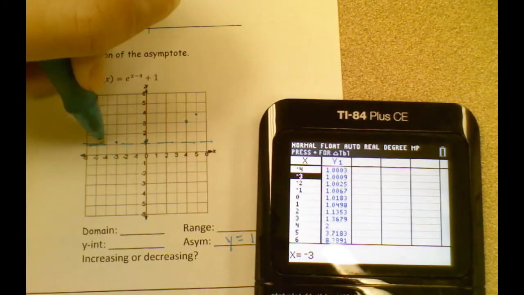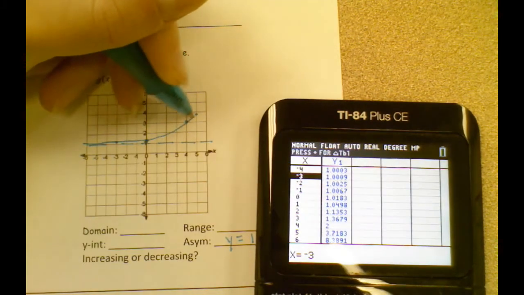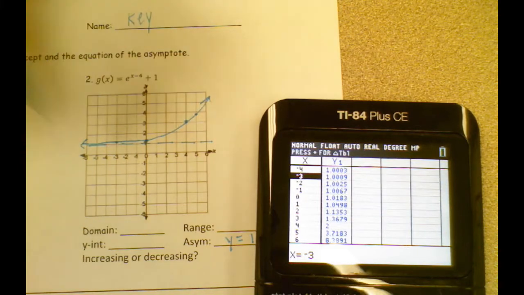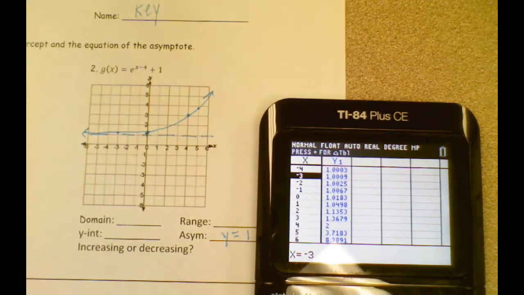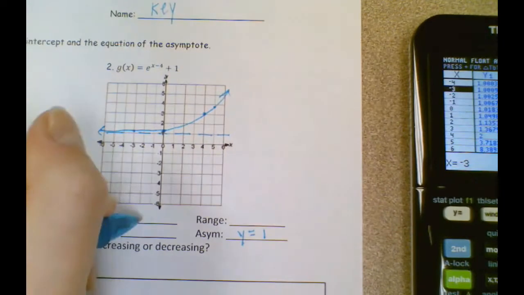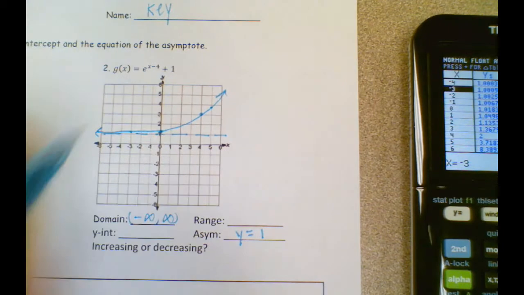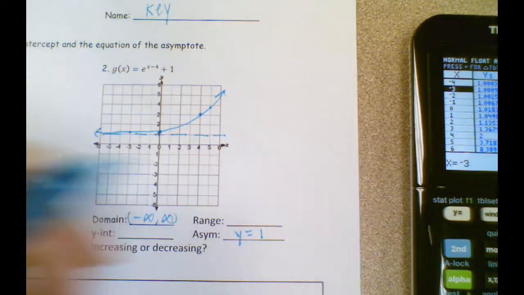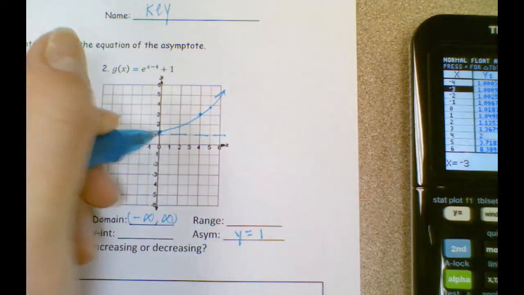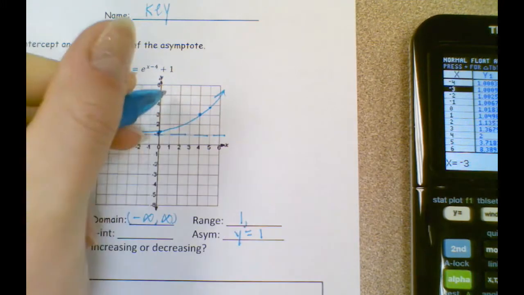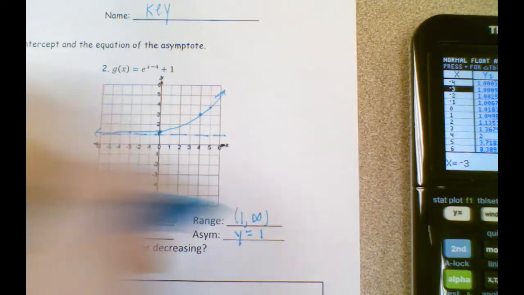So then I connect my dots. All right. And then the domain of this function goes from negative to positive infinity again, just because left to right goes on forever. My range, my lowest y value, is positive 1. And it goes up towards positive infinity.